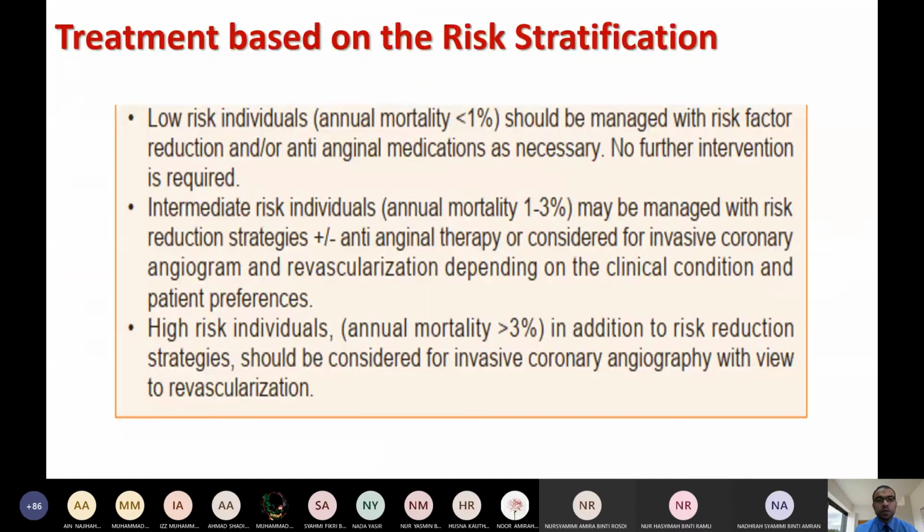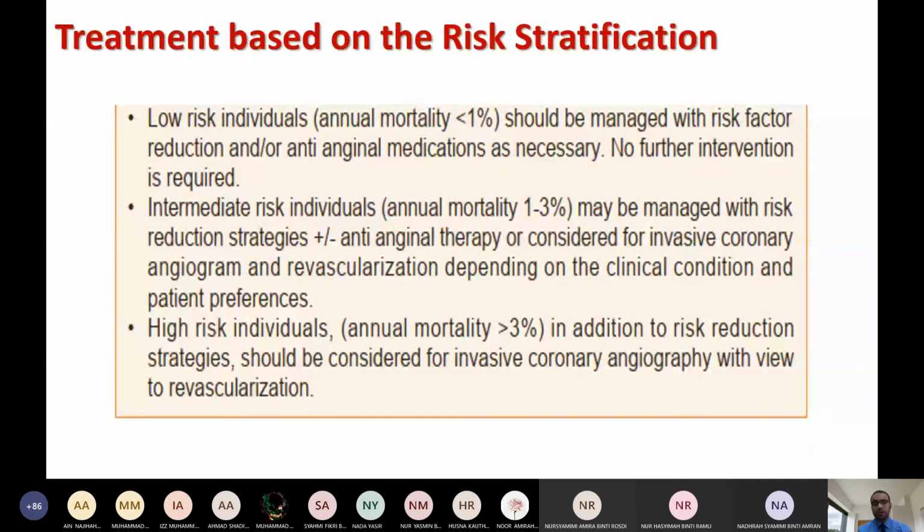Okay, so which one to be offered and how we proceed depends on the risk stratification. Risk stratification means you assess the risk of this individual in terms of annual mortality. Low risk means annual mortality less than 1, intermediate risk 1 to 3, and high risk 3 and more.